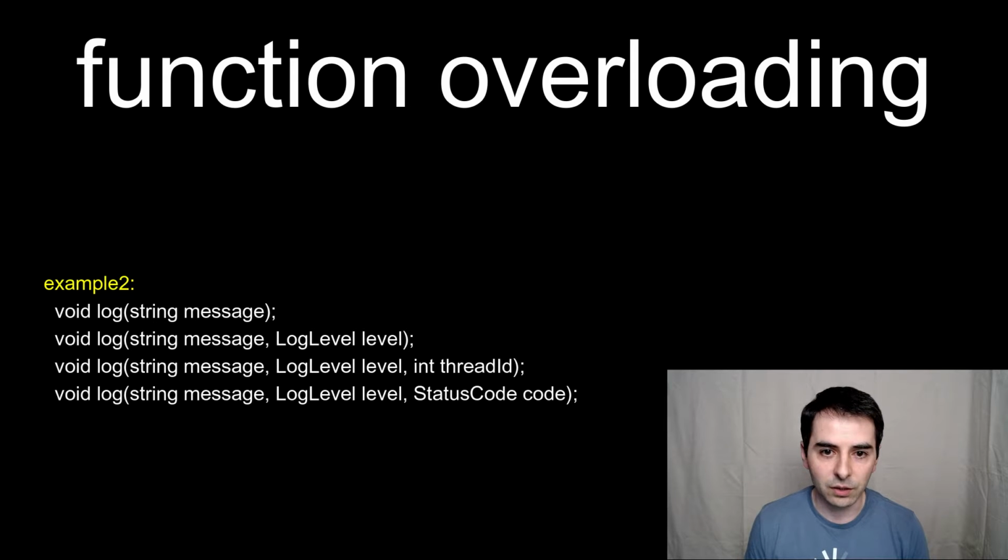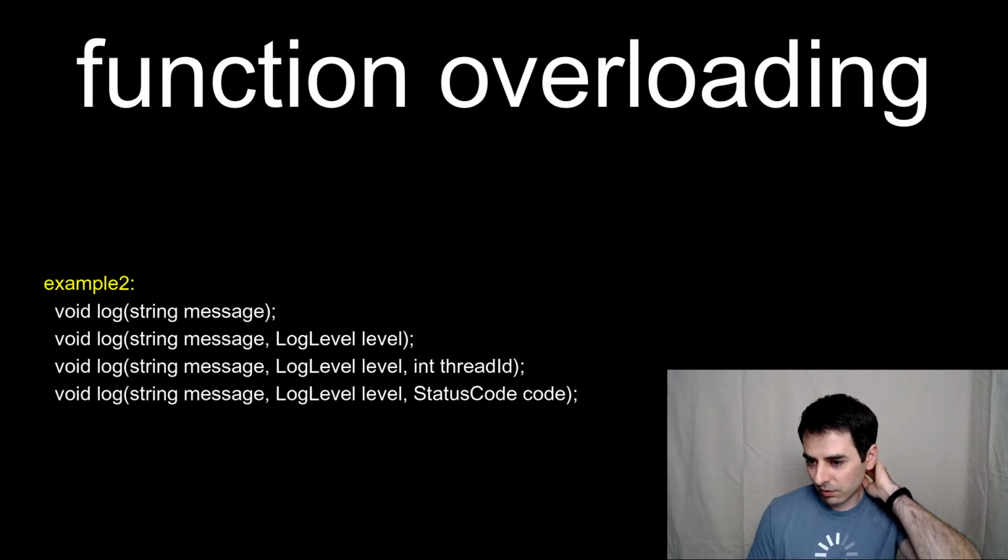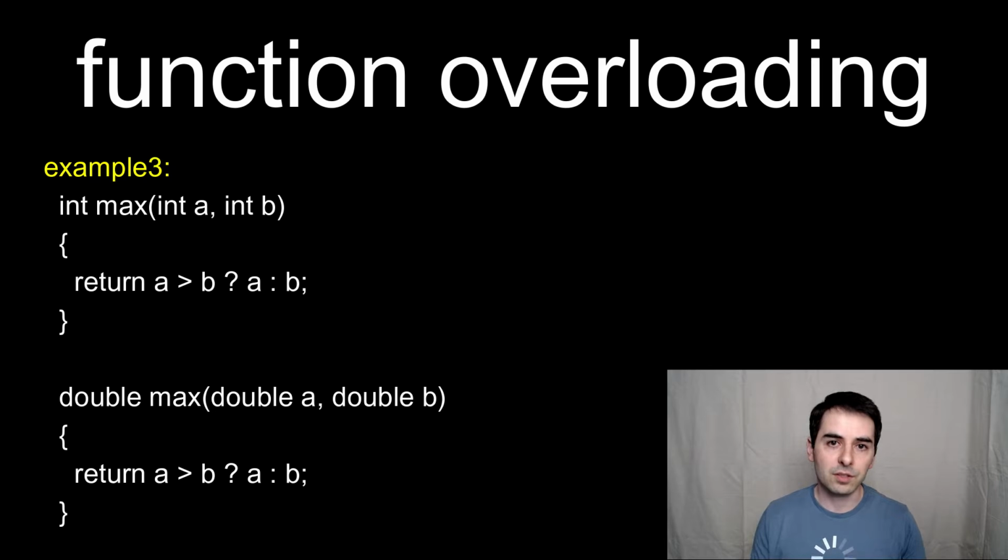Maybe after the log information, you also provide some status code or something, or you want to log, let's say, the thread ID on which your program is running and things like that. So that's another thing where you would need the same function with a different number of parameters. And another example is the number of parameters can be the same, but the types of parameters can differ.